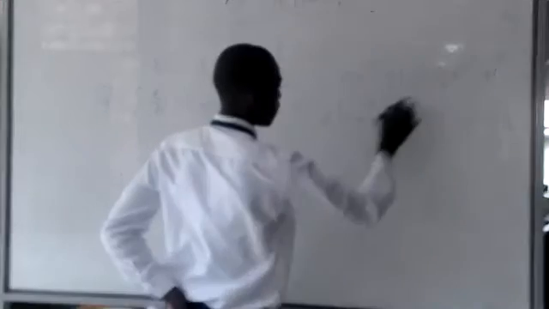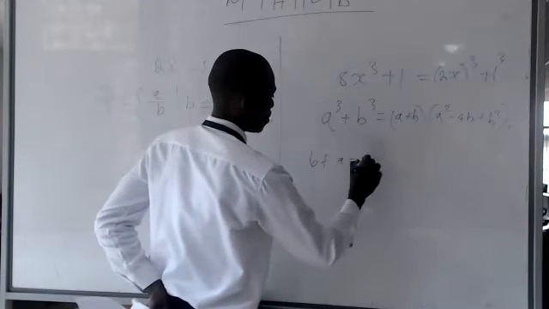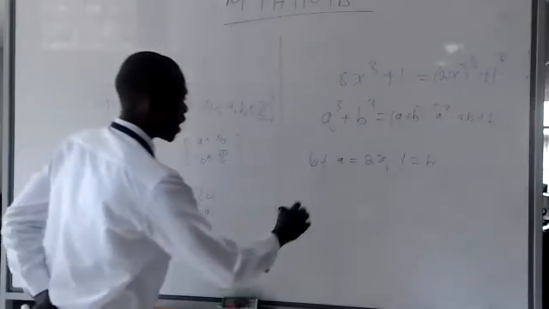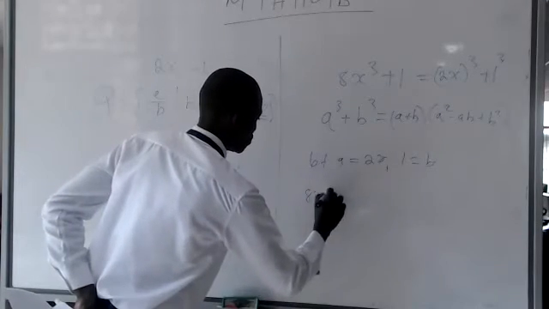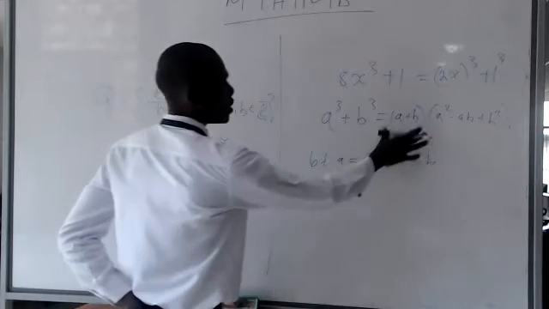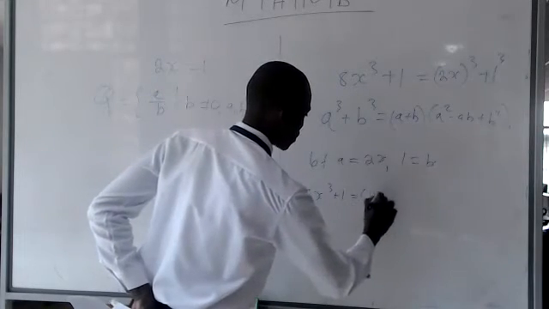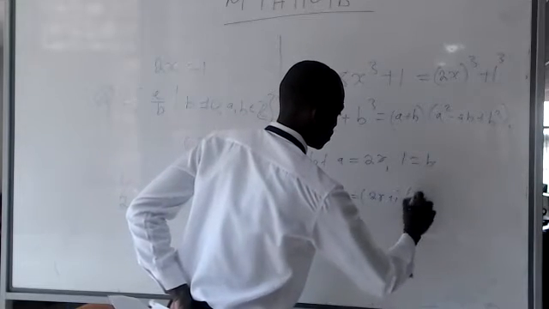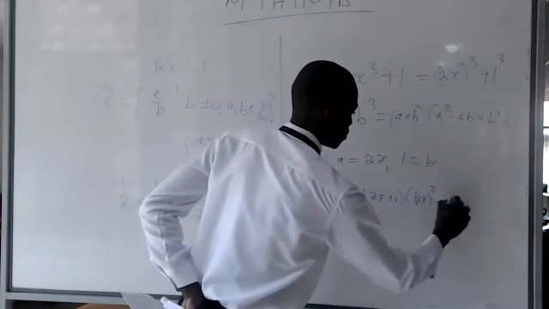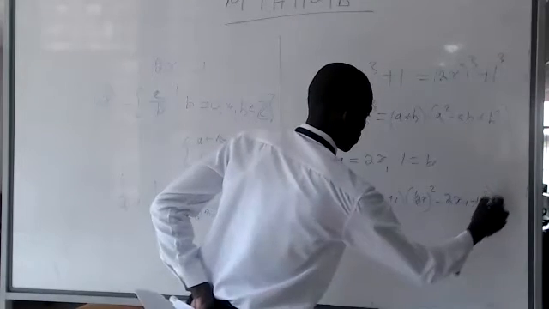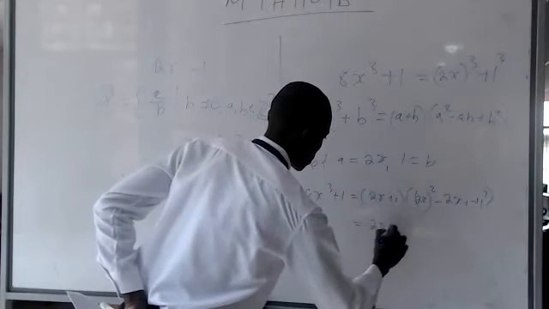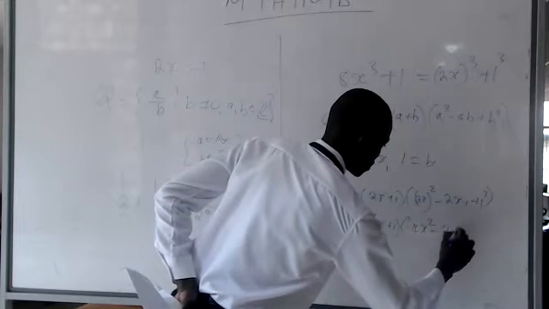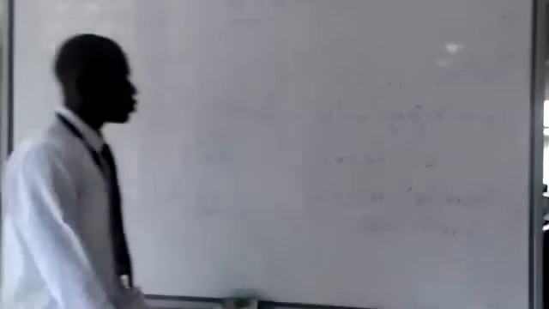So once I've written it in this form, then I let A play the role of 2x and 1 to play the role of B. Then 8x cubed plus 1 will be A plus B, I will have 2x plus 1, and then 2x squared, minus 2x times 1 plus 1 squared. So finally you have 2x plus 1 multiplied by 4x squared minus 2x plus 1. That should be the factorization.